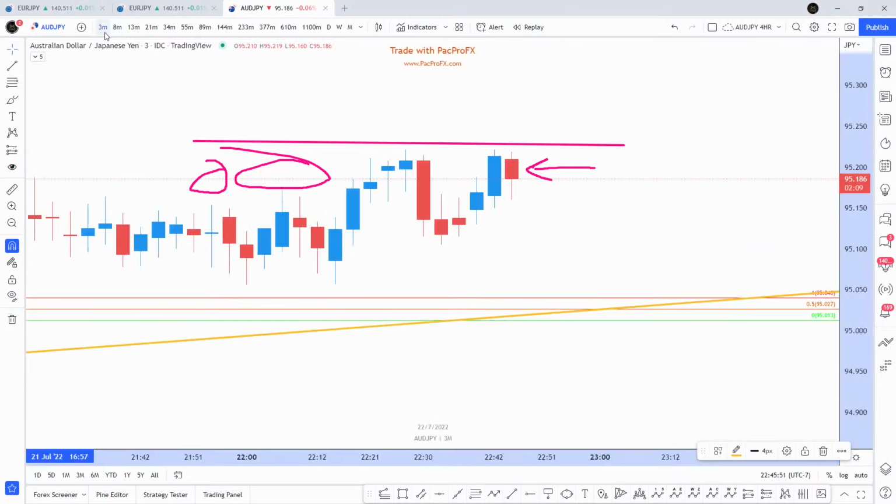Probably see like a 3-minute time frame. Yeah. So here, gap happened right here. Lots of gaps. So it is having issues trying to get through.